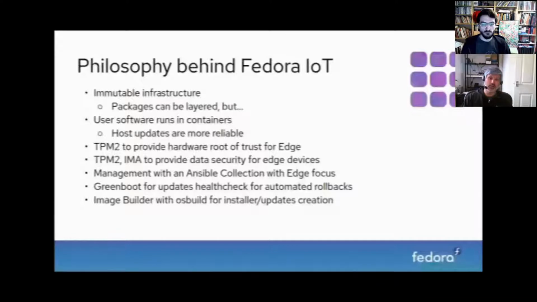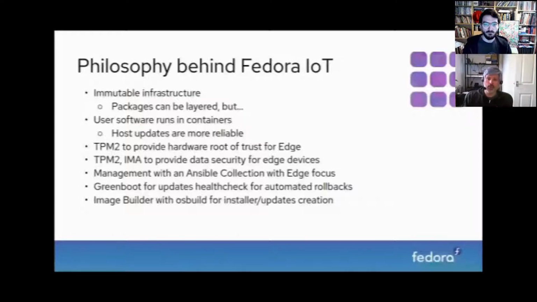We're moving to use Image Builder with the OSBuild plugins for the actual creation of the installer and updates process. That's in early phases at the moment, and we should be moving all the Fedora IoT stuff over to that in the Fedora 35 timeframe.